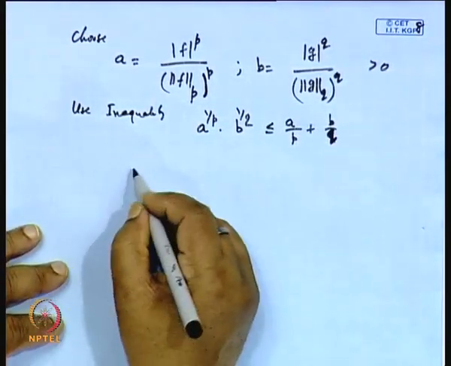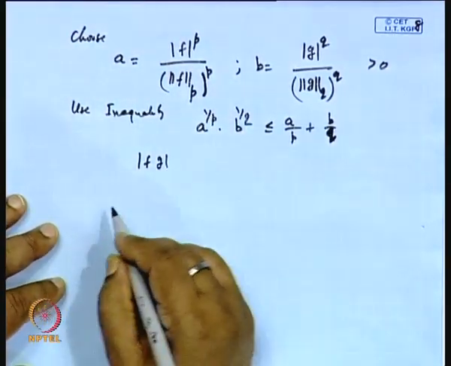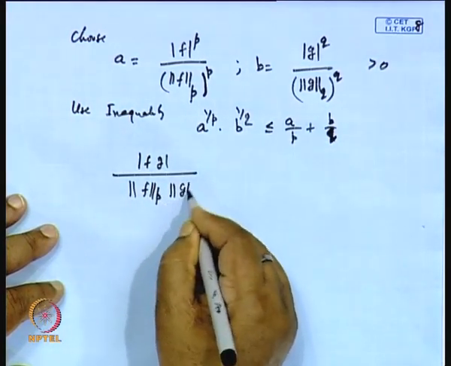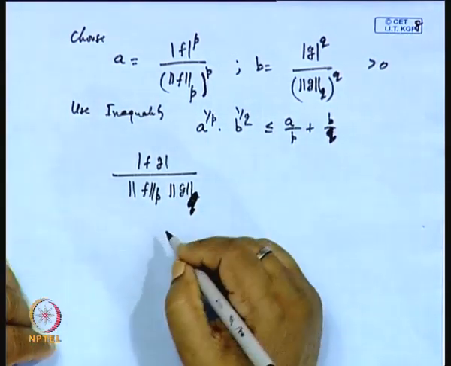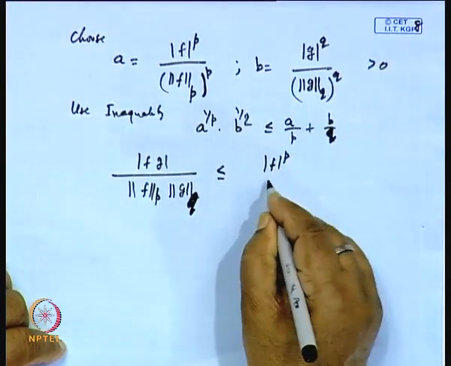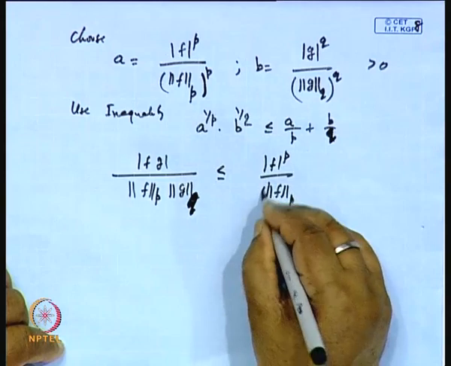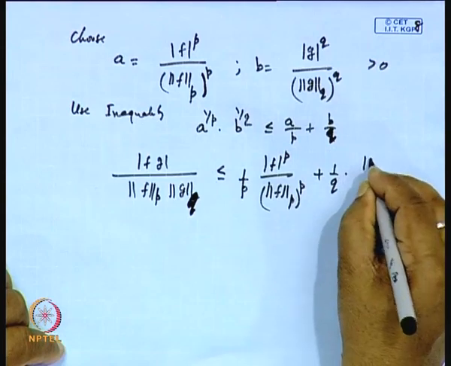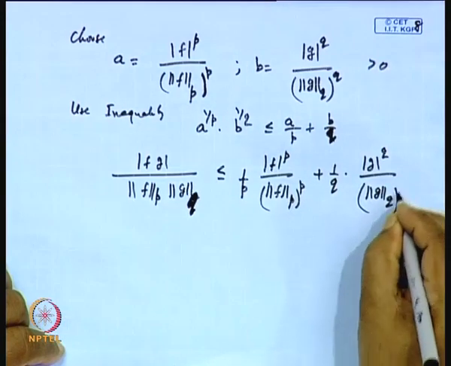So if we put these values, what we get is |fg|, because the f and g powers get cancelled, divided by norm of f p into norm of g q is less than or equal to 1/p, |f|^p over norm f p power p, and then plus 1/q, |g|^q over norm g q power q.